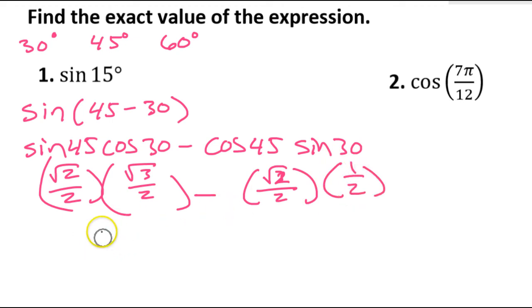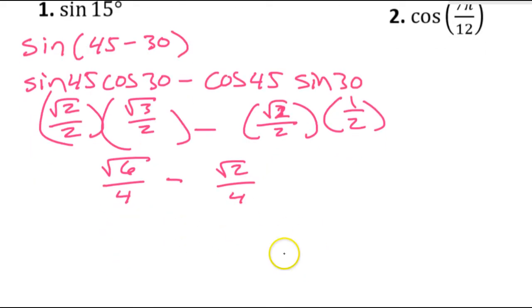So that's going to make radical 6 over 4 minus radical 2 over 4, which makes radical 6 minus radical 2 over 4.